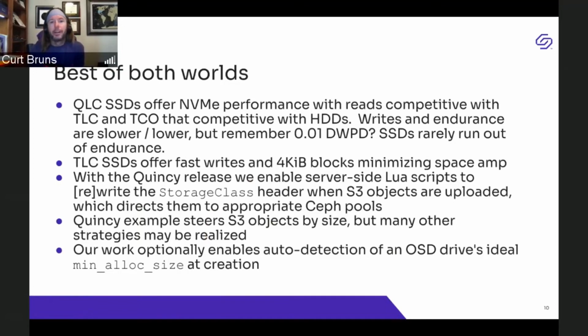There's an optimal I/O size available in Linux inside the sysfs. So you can query that, look at what the drive's optimal I/O size is, and then set your min-alloc size accordingly. Then you spin up your OSD, and its min-alloc size will match that.